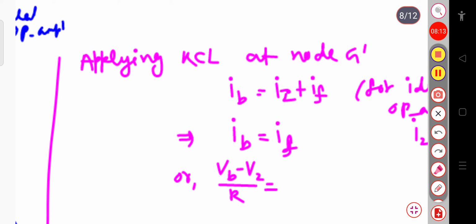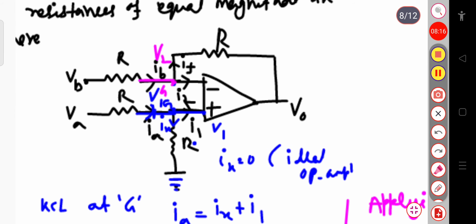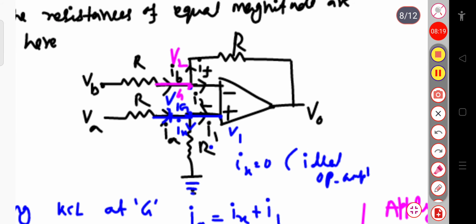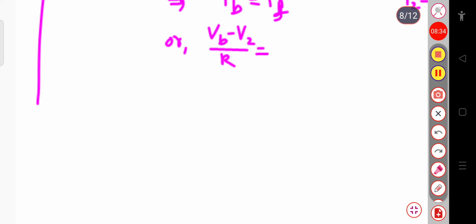Now let us see IF. This is your IF current. This IF current will be V2 minus VO divided by this R. So we can write V2 minus VO by R. R gets cancelled.